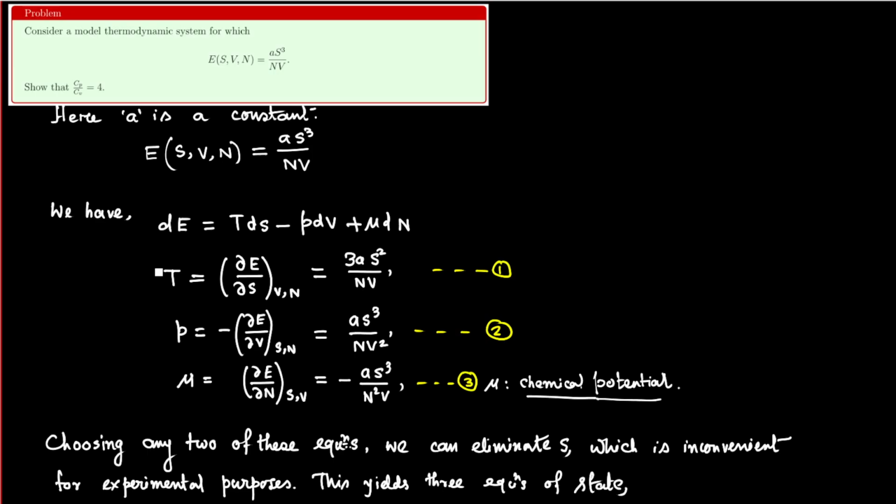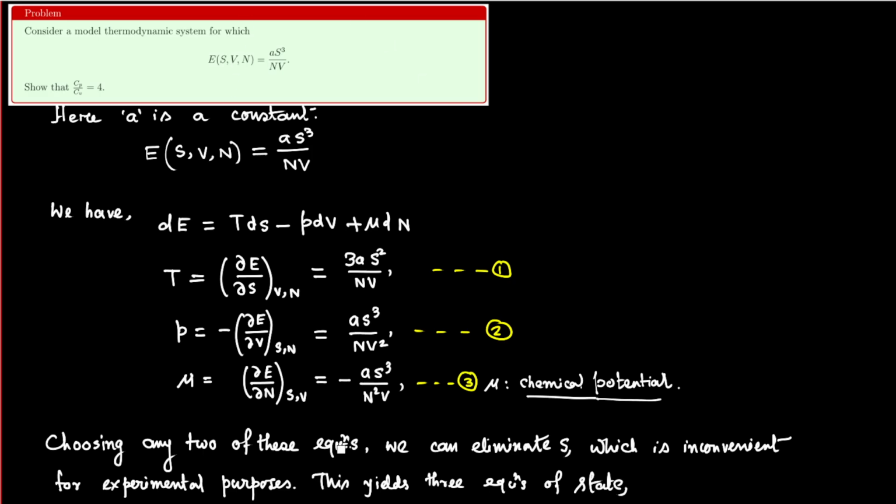Therefore, we can say T equals ∂E/∂S, where V and N are constant, that means dV = 0, dN = 0, and P equals minus ∂E/∂V, where S and N are constant, and mu equals the chemical potential ∂E/∂N, with S and V constant. If we take the derivative of this equation, we will get these three quantities, denoted by equations 1, 2 and 3 respectively.